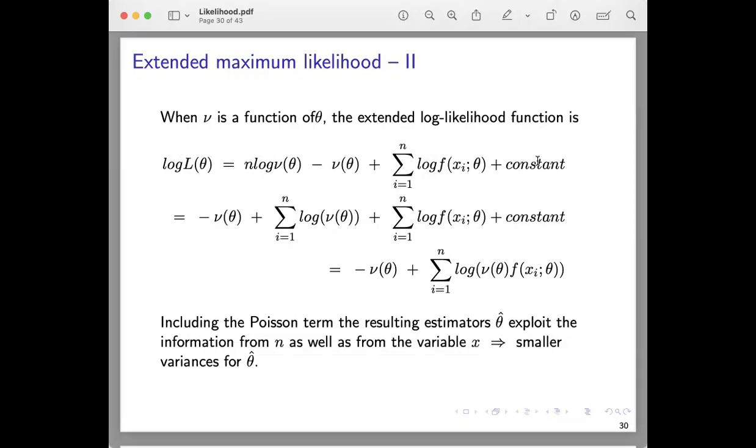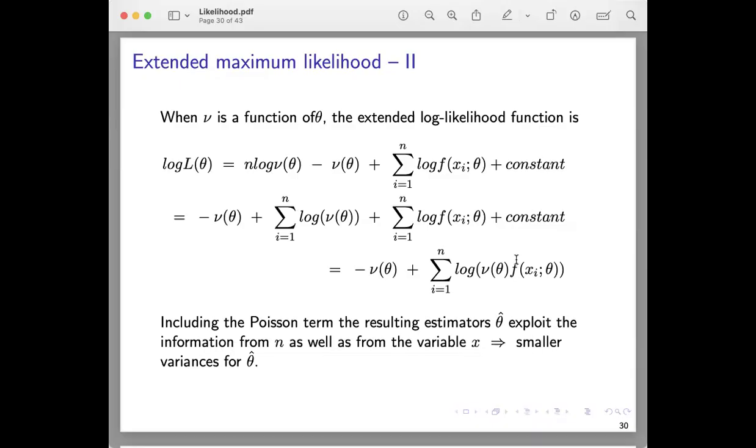Then you can rearrange this, and you write log of L as minus nu plus the sum over the log of the product of nu and f.